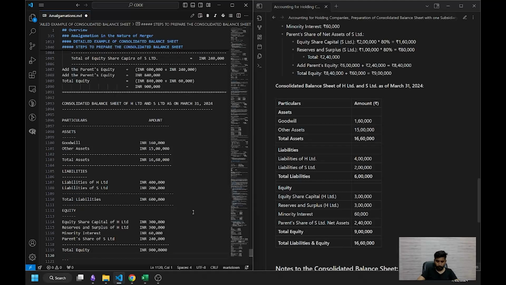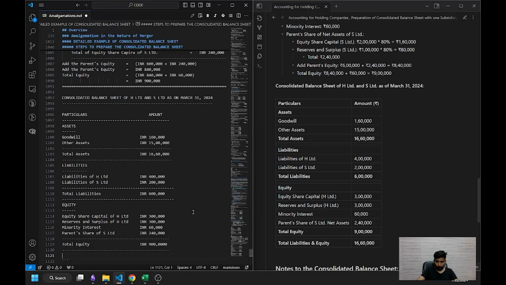Okay. Then the total liabilities to pay, they are rupees 16 lakhs 60,000. This is the amount which has to be paid.